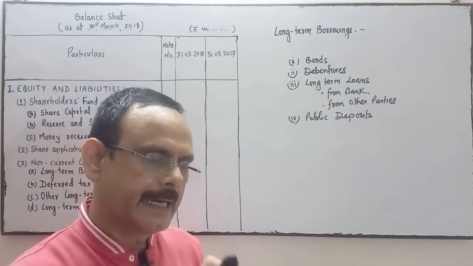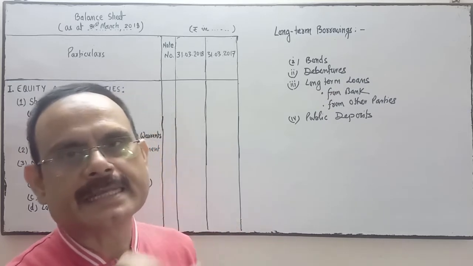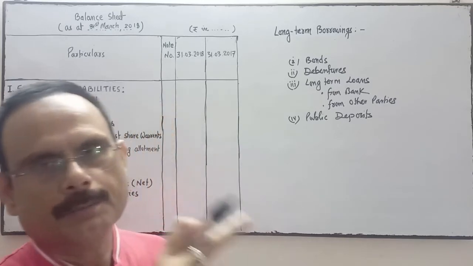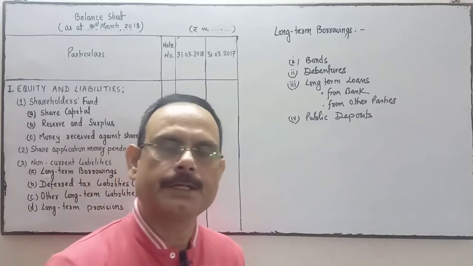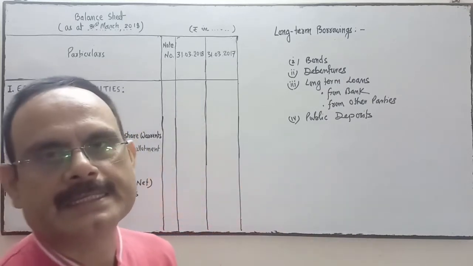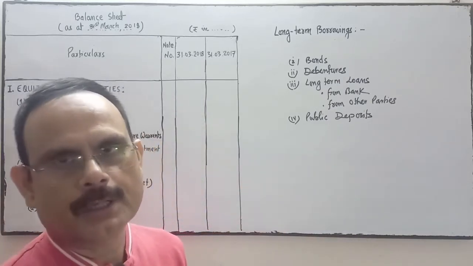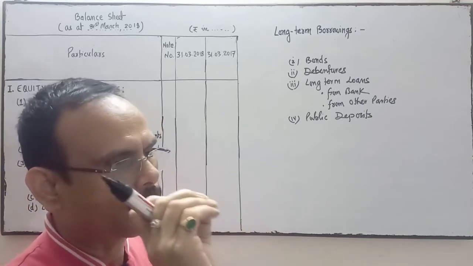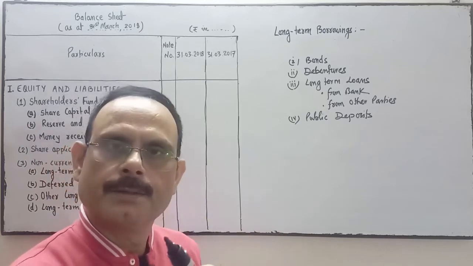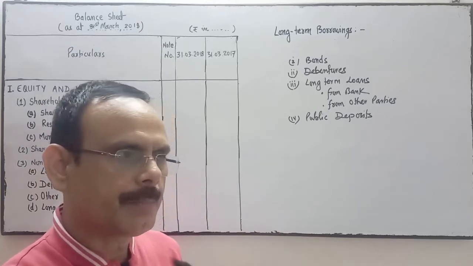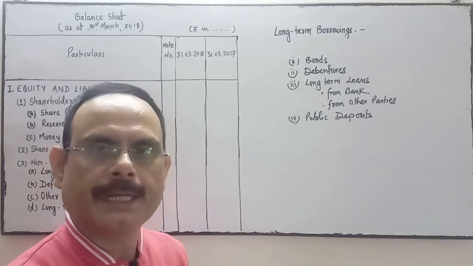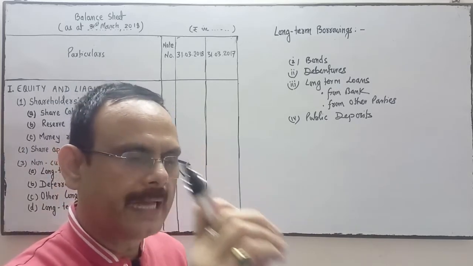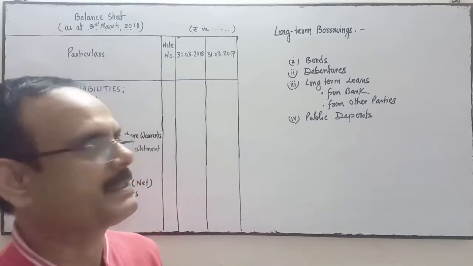Second, if it is within the operating cycle, then it's a current liability, and if it is not within the operating cycle, then it's a non-current liability. So non-current liabilities are those payable by the company after 12 months from the balance sheet date.